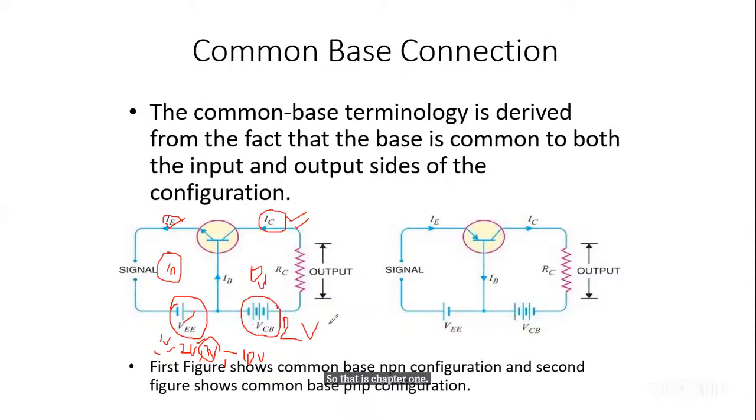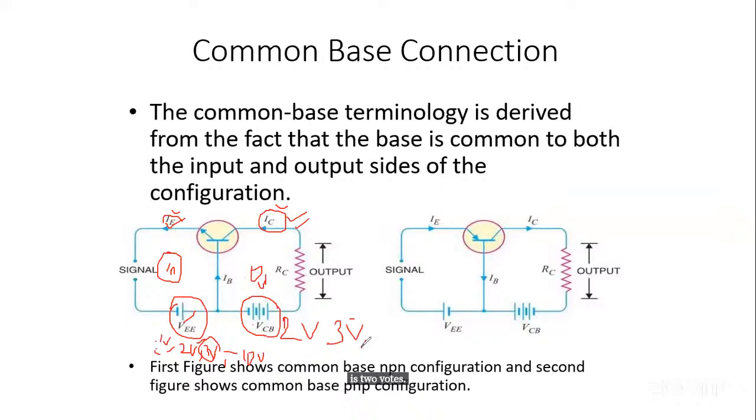Chapter 2, I will move VCB to, let's say, 3 volts, and leave it constant at 3 volts, while I repeat the same process, that is, I change VEE from 1 volt to 10 volts. I will definitely have different IE and different IC that is completely different from when VCB is 2 volts.